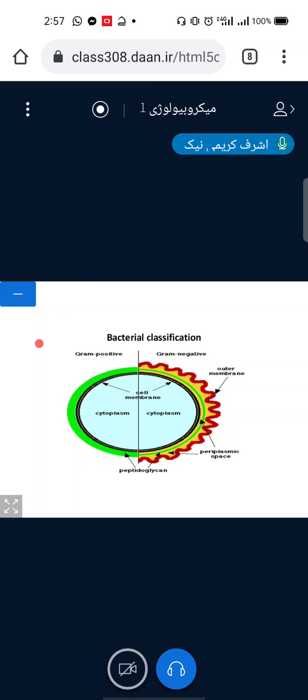In this slide, you can see gram positive on the left and gram negative on the right.